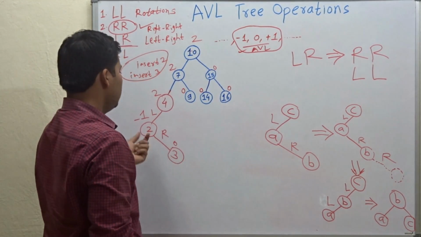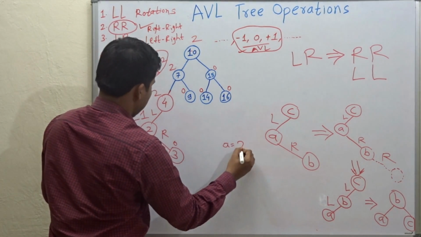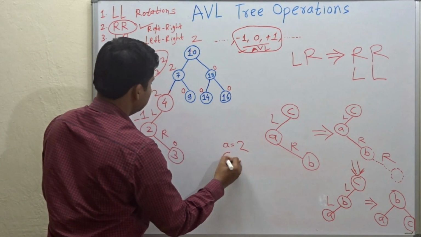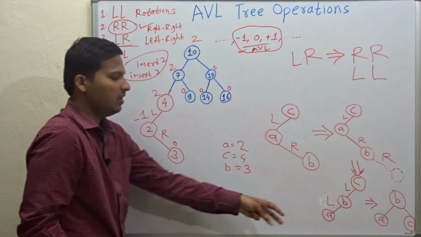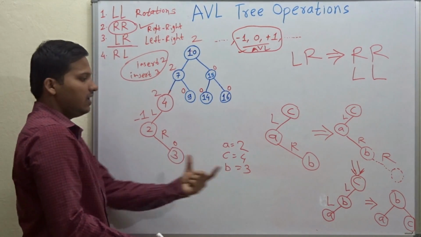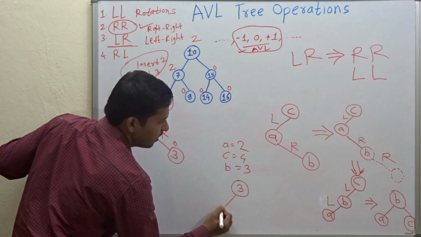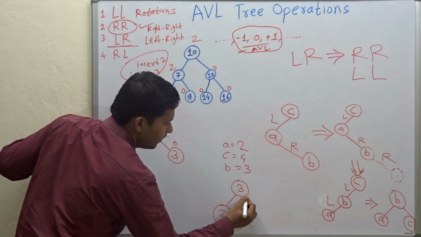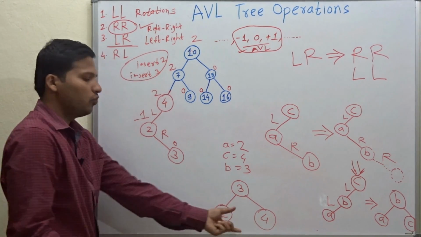So here A is 2 and C is 4 and B is 3. Okay, so the condition is now like this: B, left side is A and C. So that means it is 3, left side is A, that is 2, and right side is C, that is 4.